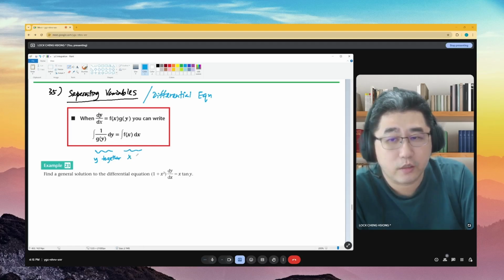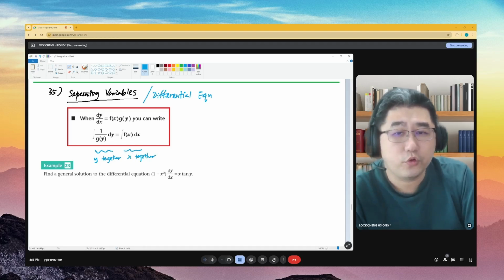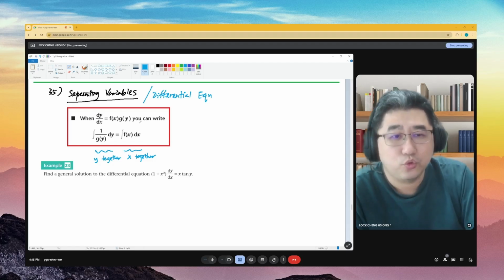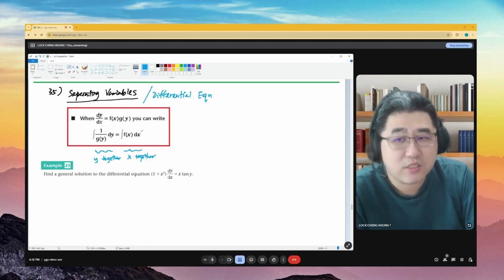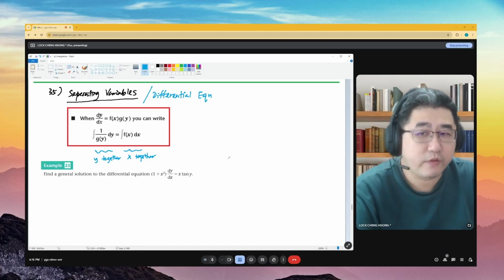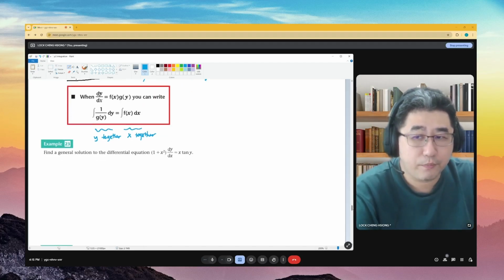For your syllabus, if these kind of questions appear, it is definitely separatable. If let's say you cannot separate them in your P3 question, that means you're still weak in algebra. For P3, it's definitely separatable.